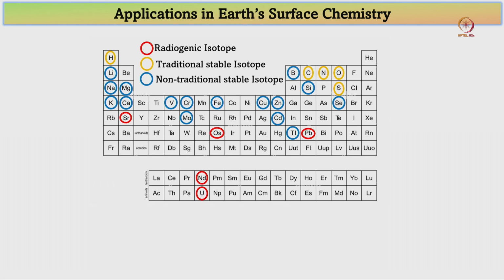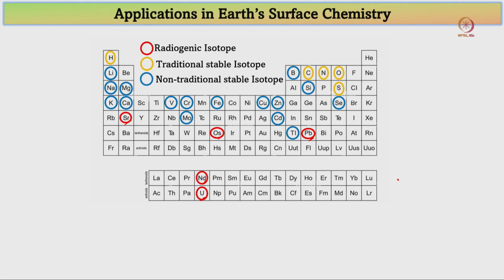So, in our isotope geochemistry, in the application of understanding Earth's surface chemistry, there are certain isotopes which are called radiogenic isotopes. We are going to look into this rubidium strontium, the osmium system, lead isotopes, samarium, neodymium, uranium.